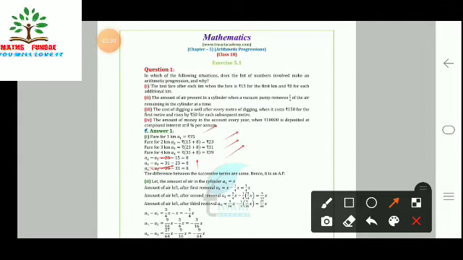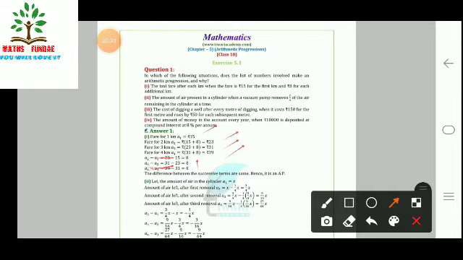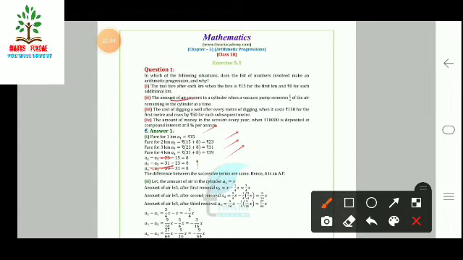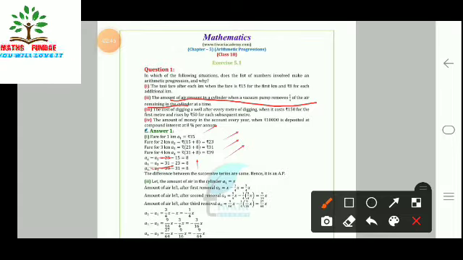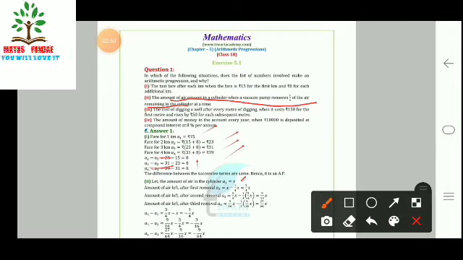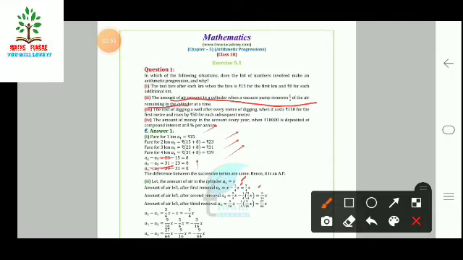Then looking at the second part, it is given that the amount of air present in a cylinder when a vacuum pump removes 1/4 of the remaining air in the cylinder at a time. Let the amount of air in the cylinder be x. If we remove 1/4, the remaining will be x minus 1/4x, that is 3/4x.